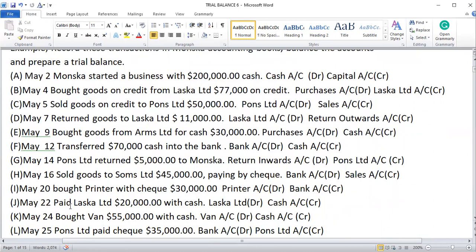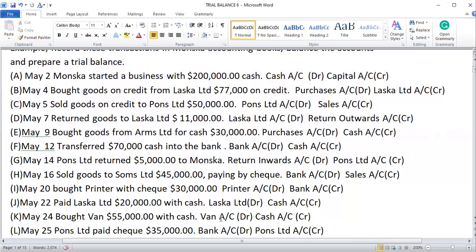May 22nd, paid Alaska Limited $20,000 with cash. Alaska Limited account should be debited while it is receiving the cash, and the cash account is giving out the cash, so it should be credited. May 24, bought van, $55,000 with cash.